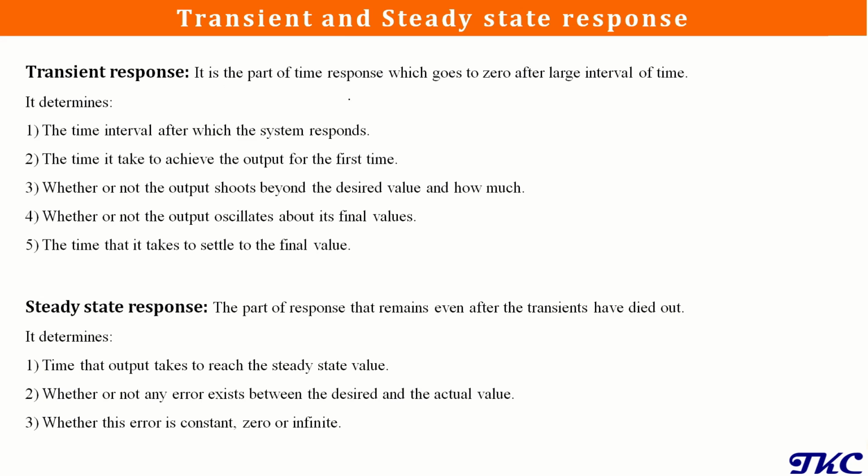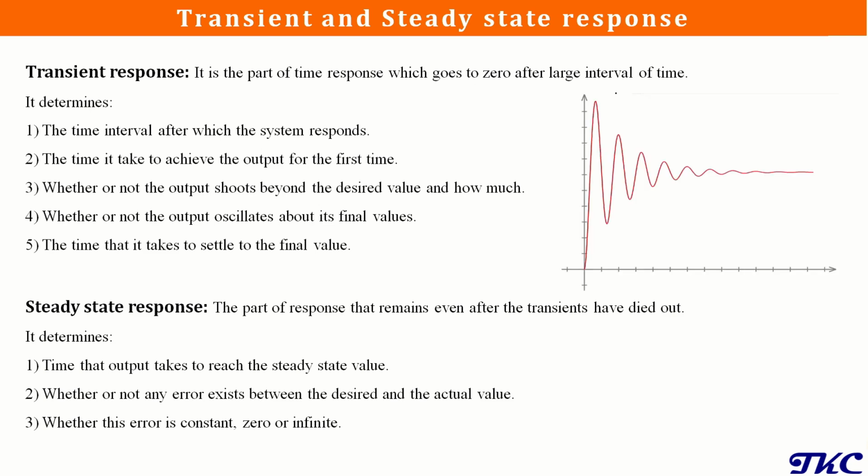Or we can define the transient response in another way: it is the part of a response which goes to zero after a large interval of time. We can consider the same response curve here. This is the phase when a system behaves abruptly or in an uncertain way that we don't expect. That portion is called the transient phase.